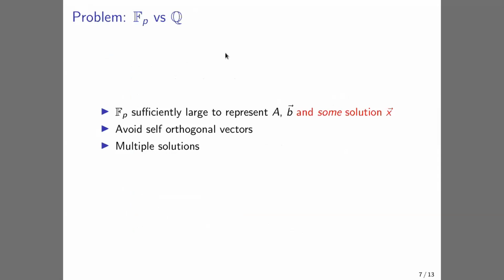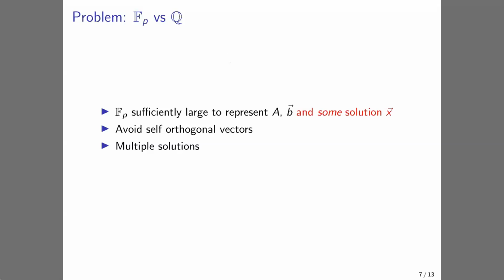One of the things when dealing with finite fields is that your field should at least be sufficiently large to represent both your input and your output. So you have to be able to represent the matrix A and vector B, but also at least some solution X to the system must be possible to represent in your finite field.